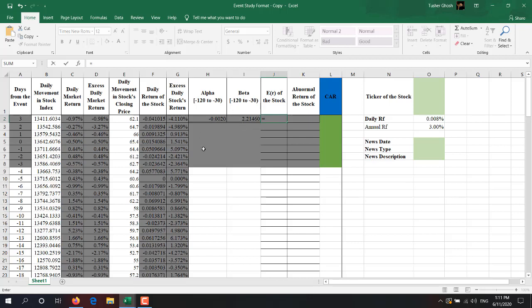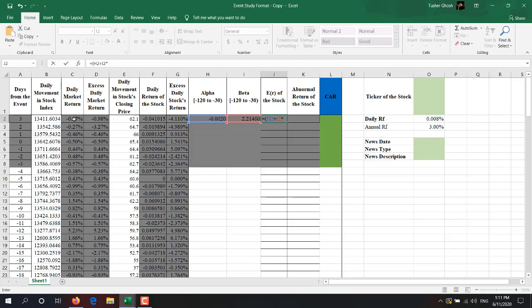Okay, so we need to predict the expected return like alpha plus beta into market, this is the market return, should be market daily return.